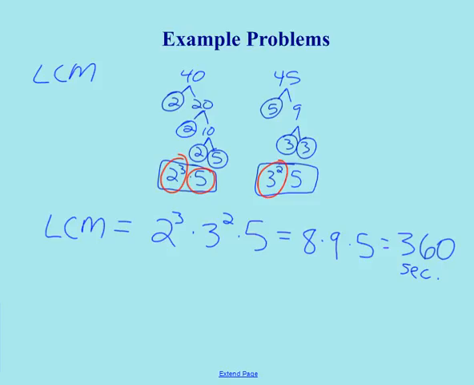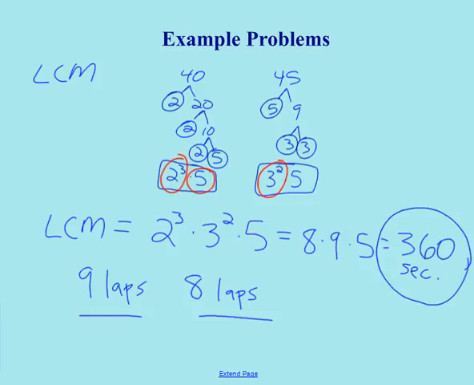So let's do this. 360 divided by 40, so it'll be 9 laps for the faster rider, and 360 divided by 45, it'll be 8 laps for the slower rider. All right. So after 360 seconds, which is 9 laps for the fast rider and 8 laps for the slow rider, these two riders will be next to each other again.